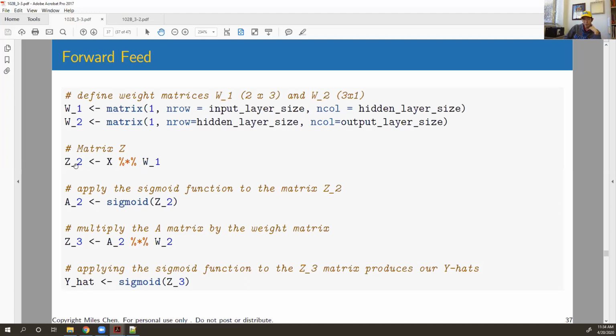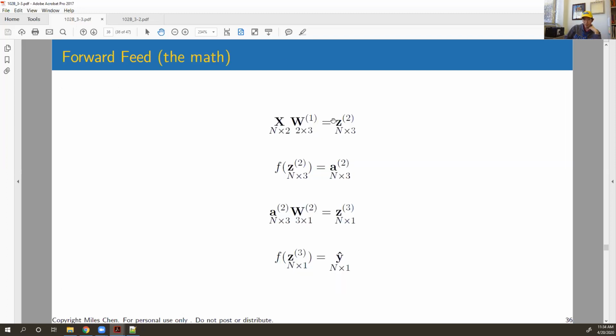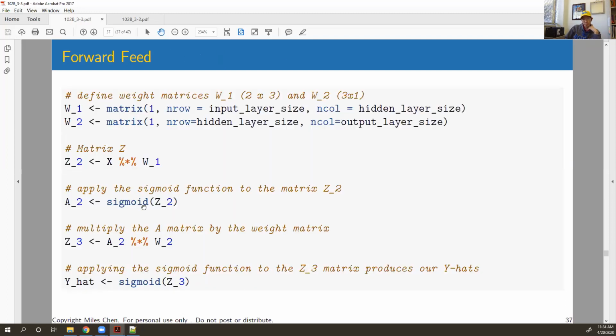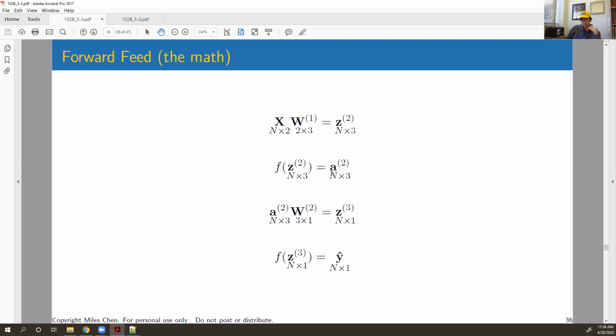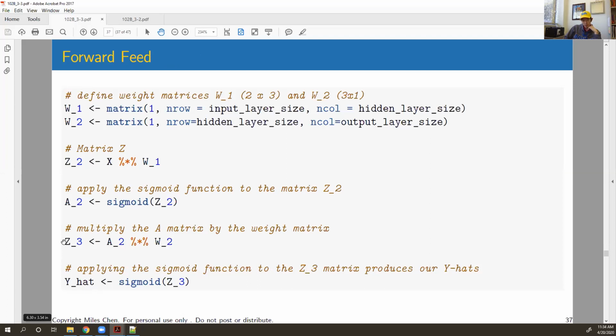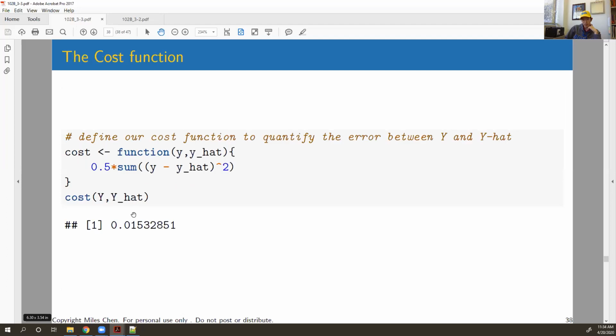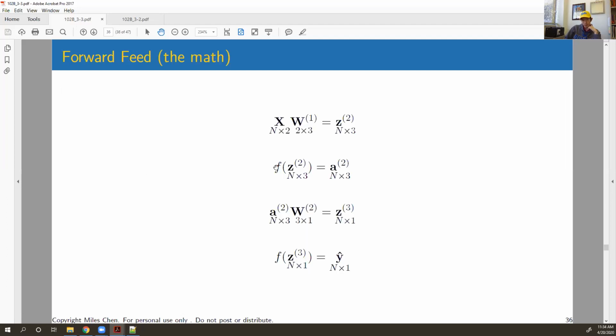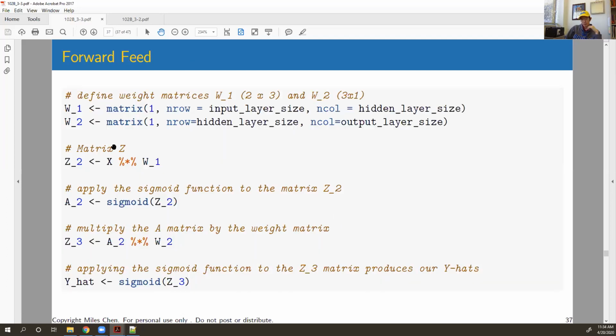X times W1 is Z2. Apply the sigmoid function onto Z2, and that gives us A2. That's exactly what I've written here. A2 times W2 is Z3, and apply the sigmoid function to Z3 to give us Y hat. So this is forward feed, and this gives us our Y hat values.